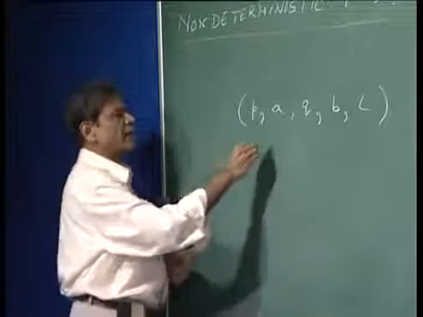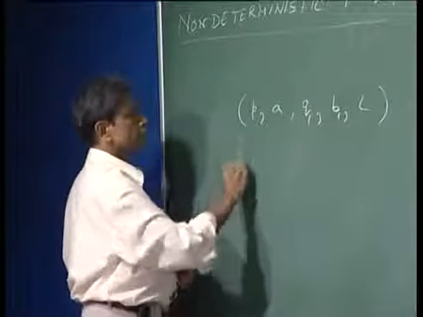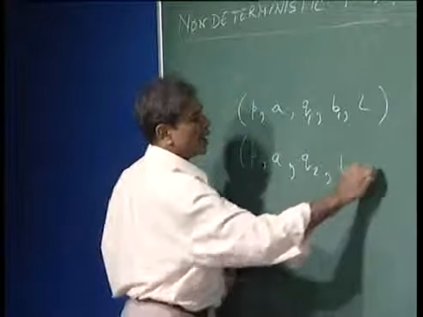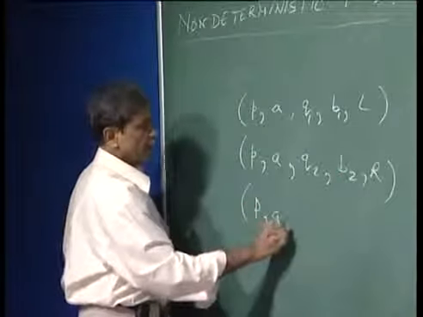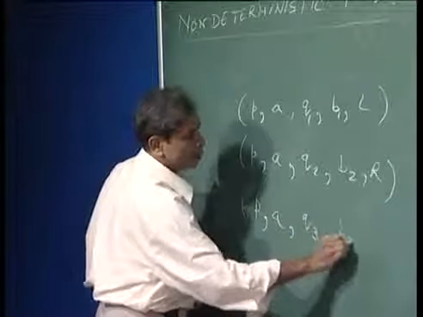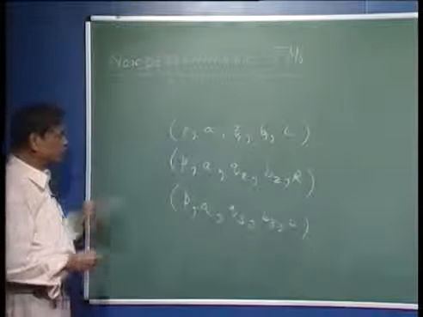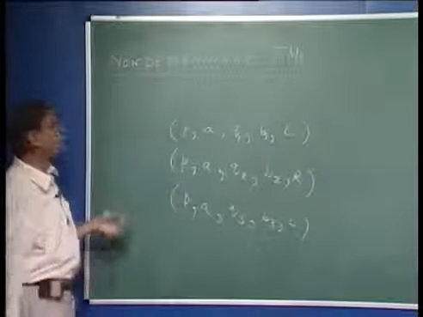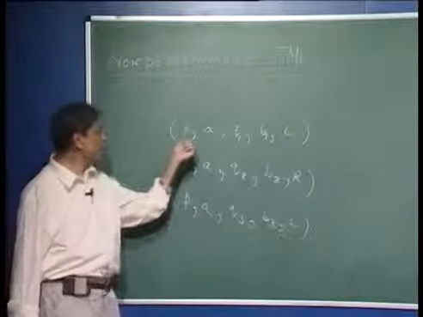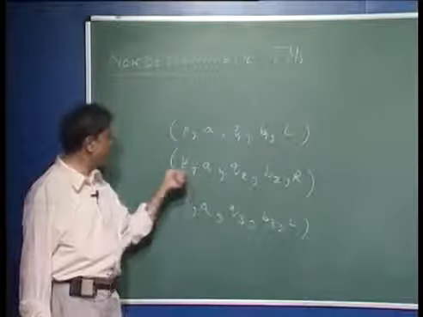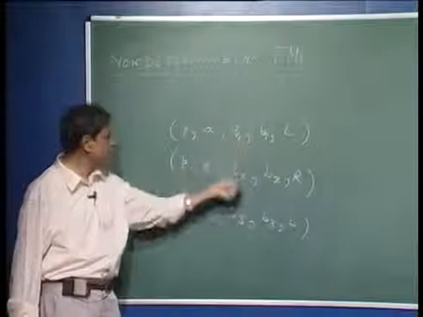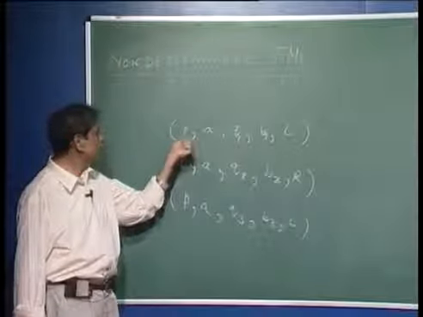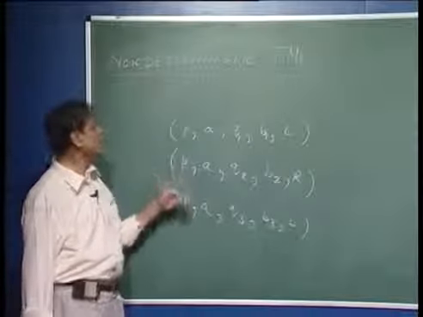So, suppose we also had P A, Q 2, B 2, R, and P A, Q 3, B 3, L. So, for the same present state and present symbol, we had a number of quintuples.